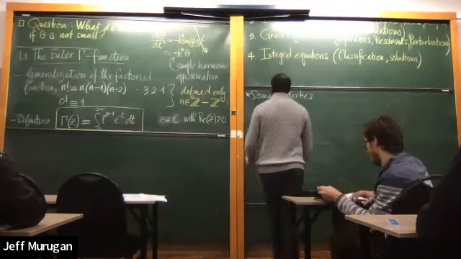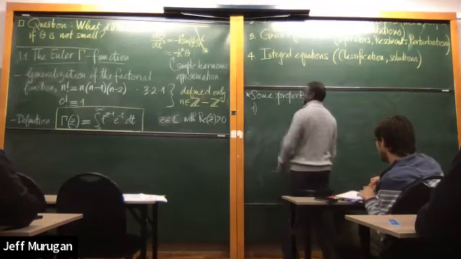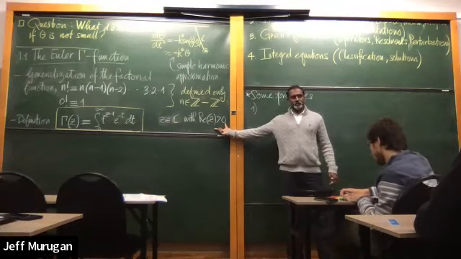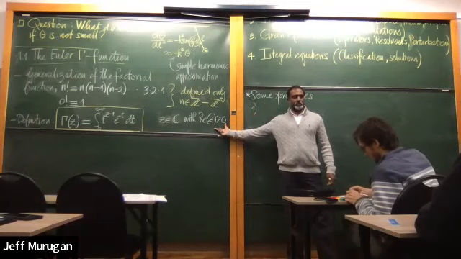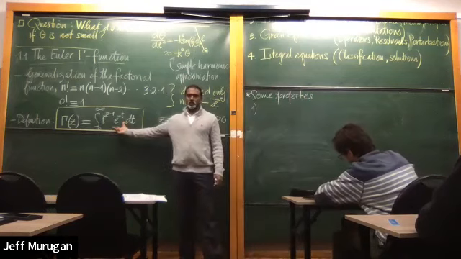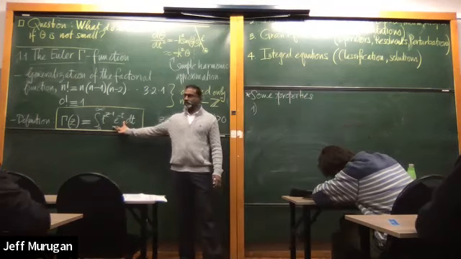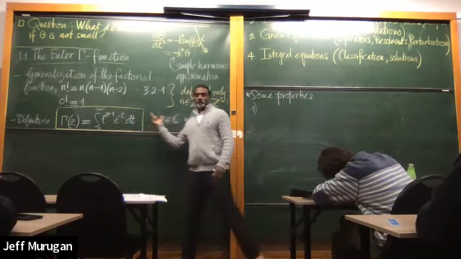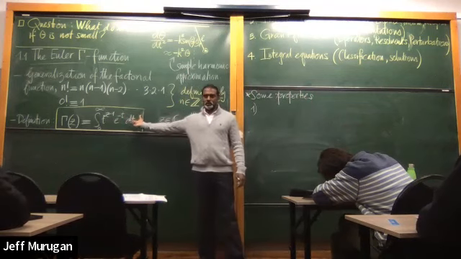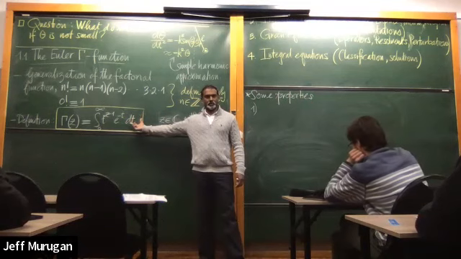Okay. So the first point to note is that even though I define this function for positive real part of z, I can always analytically continue it to negative real part of z as well. So from the right half plane, I can analytically continue this to the left half plane as well.